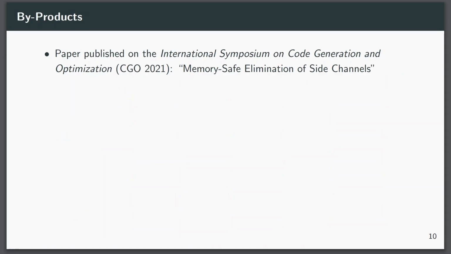This project resulted in a few byproducts. The first one, we published two papers, one in 2021, which was an initial version of the linearization, which also did not deal with loops. It was published at CGO.